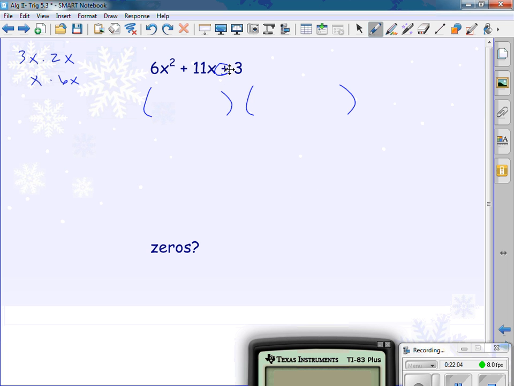They're both the same, and they both have to be positive. How can I get a 3? 1 times 3. Now, here's the tricky part. I've got to do some sort of combination to get an 11x in the middle.